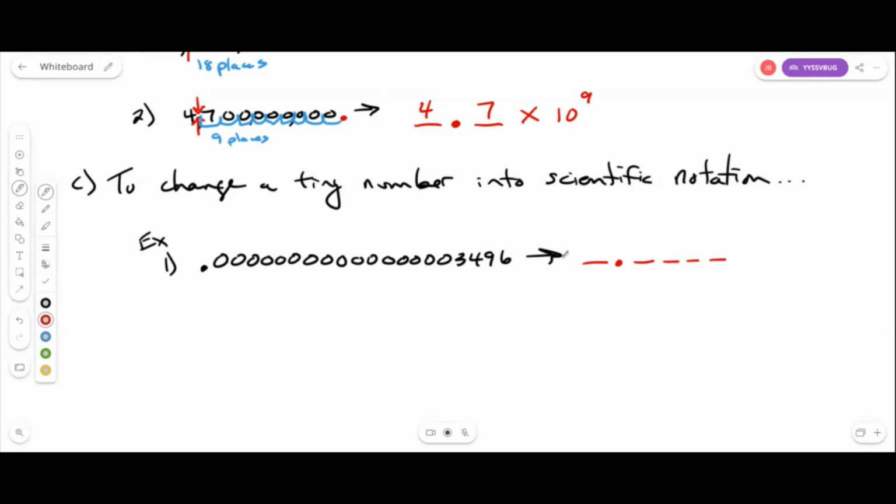It looks like there's 4 digits total, so I need 1, 2, 3, 4 spots. So that means I'm going to put that decimal place between the 3 and the 4. So this is going to become 3.496.